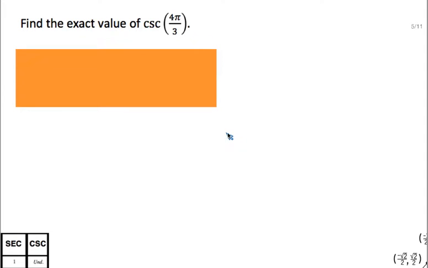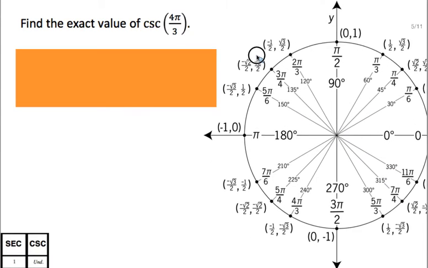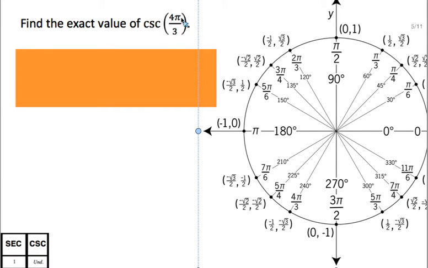Kind of the exact same thing that we did last time. If we use our unit circle, okay, notice we're dealing with radians now. So 4 pi over 3 is right here. And cosecant, hopefully you guys remember, cosecant theta is going to be the fraction of your radius, which is 1 with the unit circle, over your y value, because it's the reciprocal of sine.